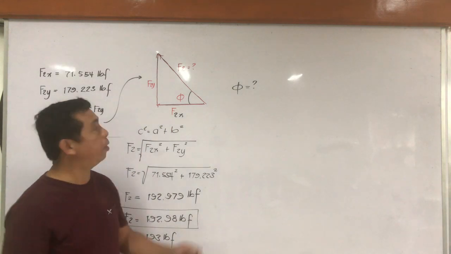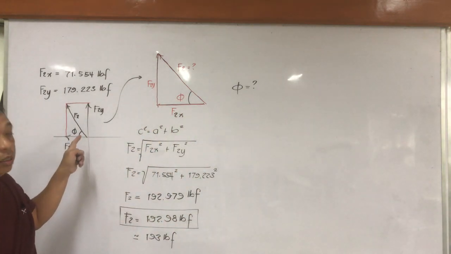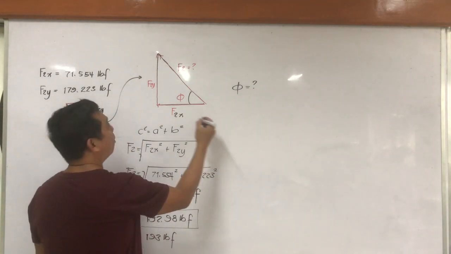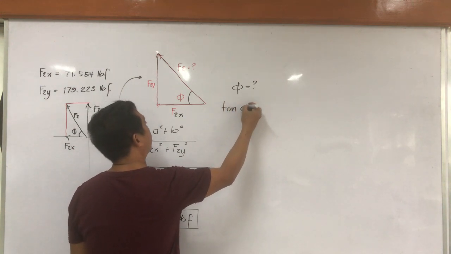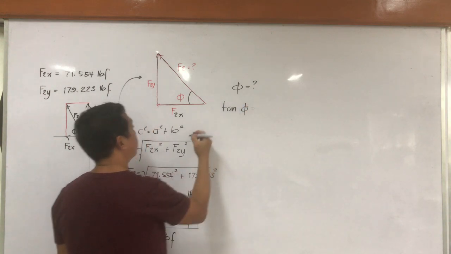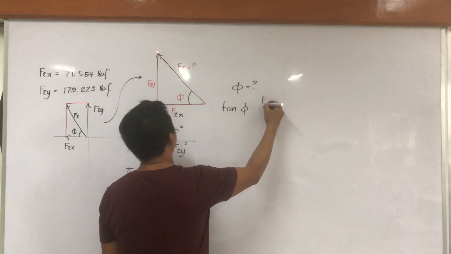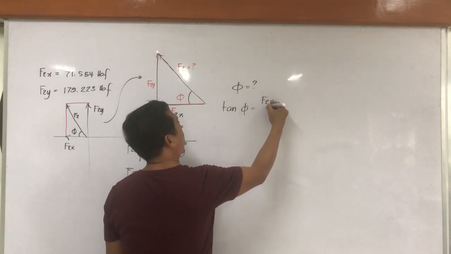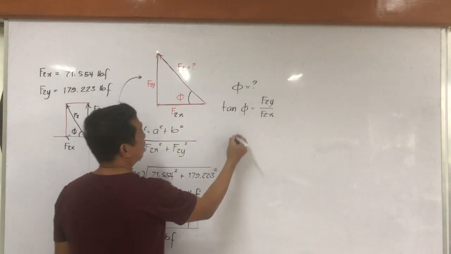For us to be able to solve for phi, gamitin natin yung triangle na in-extract natin dito. Ginamitan na component method. Lalabas kasi na to solve for phi, that will have to be the tangent of that angle. So opposite over adjacent, so that will have to be tangent phi being equal to F2y over your x component of F2.